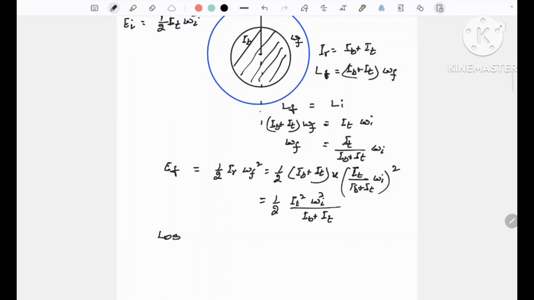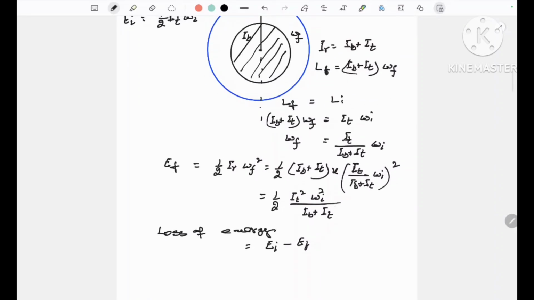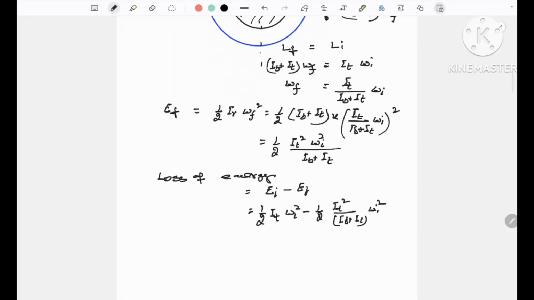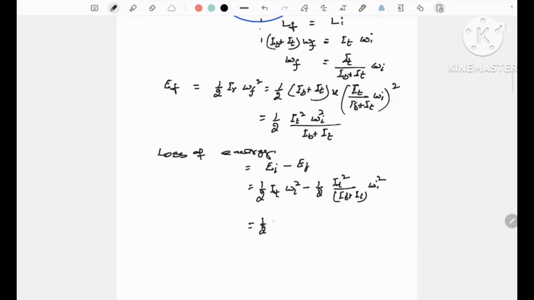Loss of energy due to friction is E_I minus E_F. E_I is half I_T omega I square minus half I_T square by I_B plus I_T omega I square.